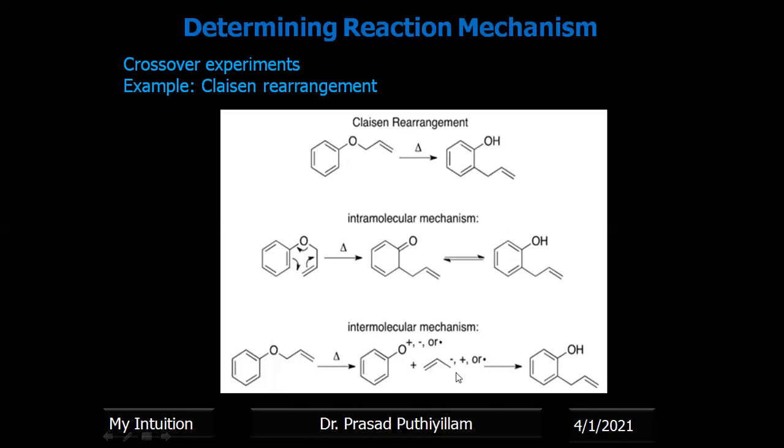And this allyl group, or the side group which is taken out from the oxygen atom, may also get a negative, positive, or free radical charge, which further undergoes reaction to give the final product. So this is the intermolecular mechanism. Outside the molecule the reaction takes place, whereas intramolecular means the rearrangement takes place within the molecule.